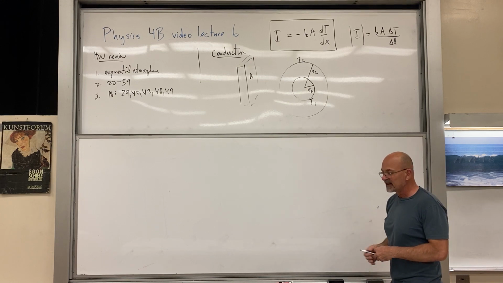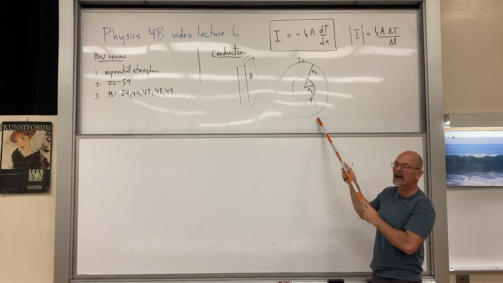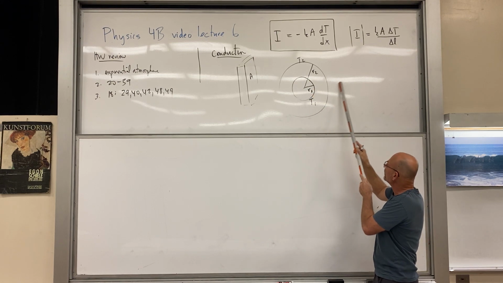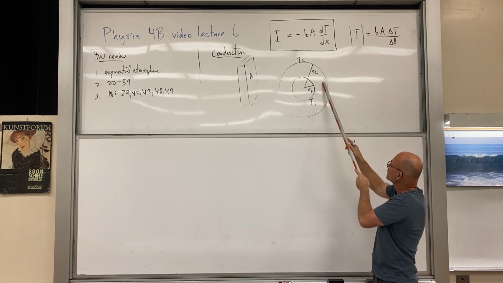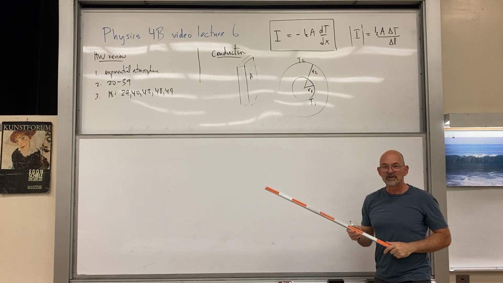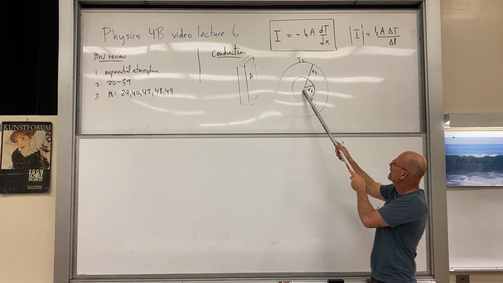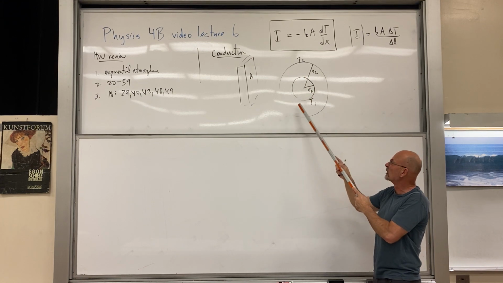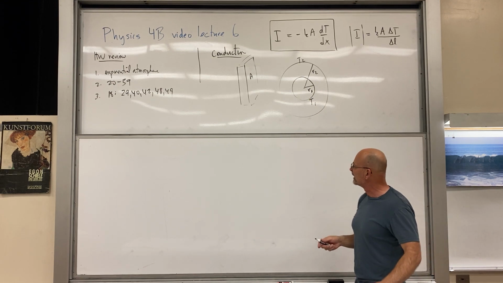What you can imagine is that, say the temperature on the inside is higher, so the heat flow is towards the outside, and at any concentric spherical shell in between there, the energy flux or the power is going to be the same as it goes from inside to outside. That's an energy conservation type of idea.